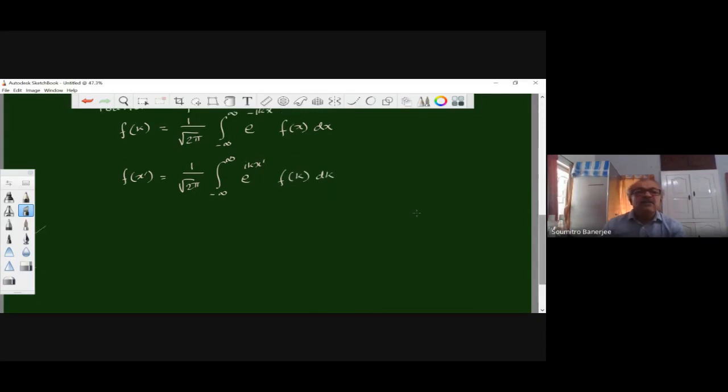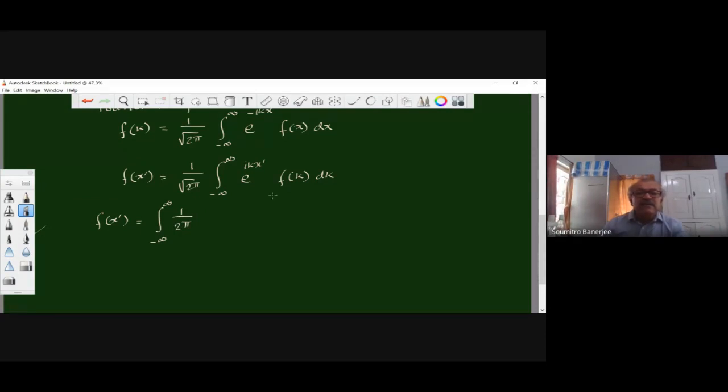Now, if we substitute this here, we get f x prime is equal to, these two root 2 pi will become 1 by 2 pi. So it will be integral minus infinity to infinity, 1 by 2 pi.